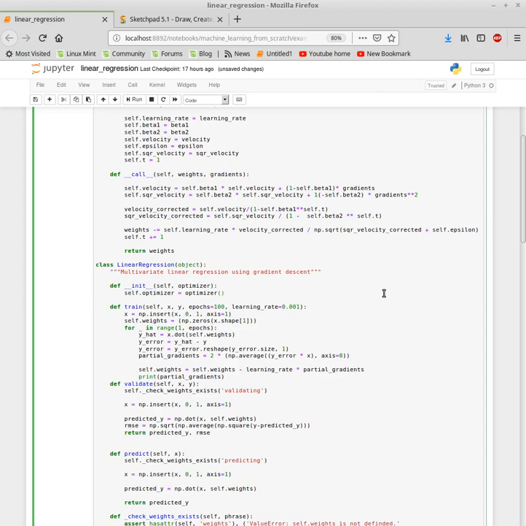Alright, so we can take in an optimizer and we can make that be the optimizer, and then for here we can just change this to be self.optimizer, self.weights, partial gradients.